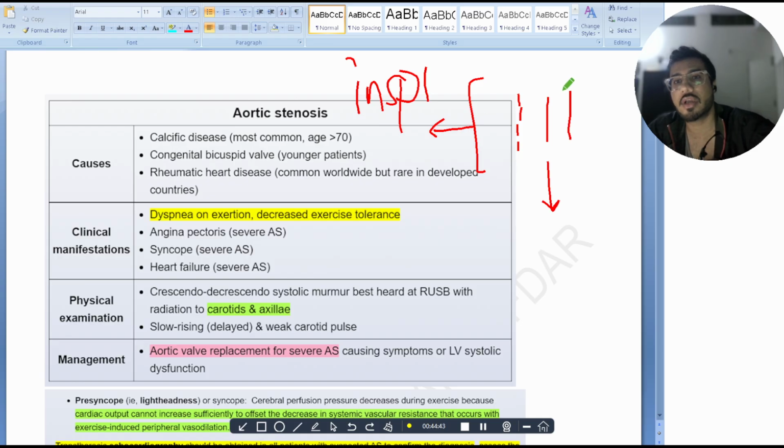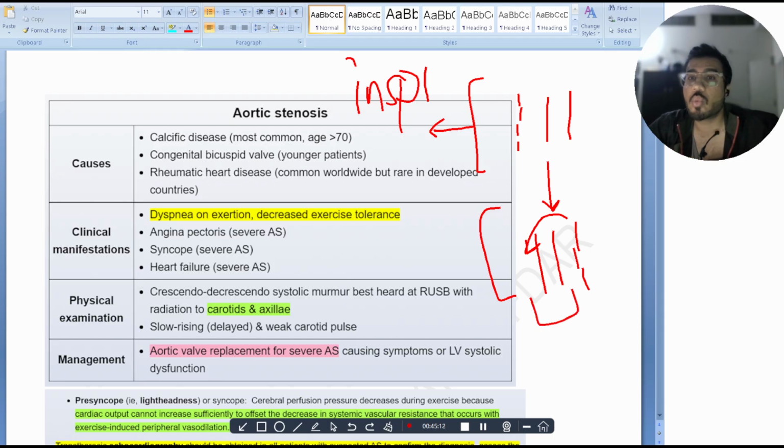So when it comes to expiration, the aortic valve closure is going to be at the same location, but there is going to be no more delay in the pulmonic valve closure. So the pulmonic valve would move from here. The delay would be reduced, and the closure of the pulmonic valve would come to its original location, resulting in paradoxical splitting, where the closure of the pulmonic valve would be heard first and the closure of the aortic valve would be heard later.